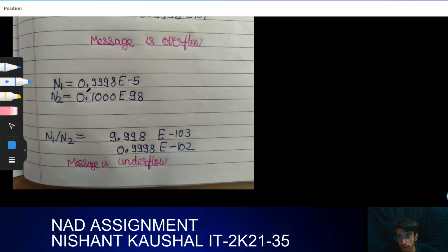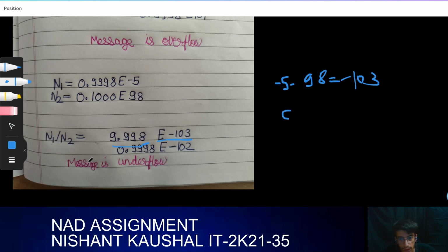In the second part, the numbers are given as 0.998 e to the power minus 5 and 0.1000 e to the power 98. When we divide these two numbers, the answer would be the same, 9.998, as the number is same. And the exponential terms will be minus 5 minus 98, and it would be minus 103.